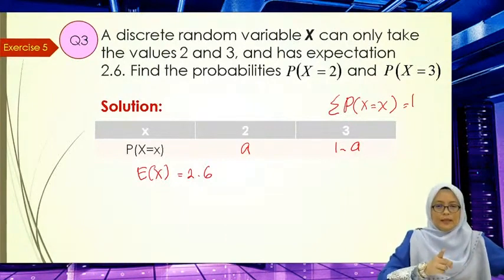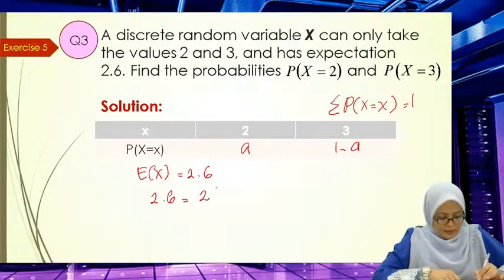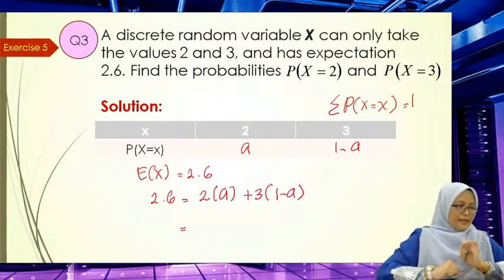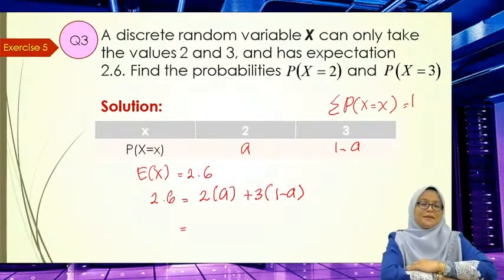So kita boleh guna konsep tadi lah, cari expectation x kita. So given expectation is 2.6, so kita ada 2 times A plus 3 times 1 minus A. Okay, kira A dapat berapa?